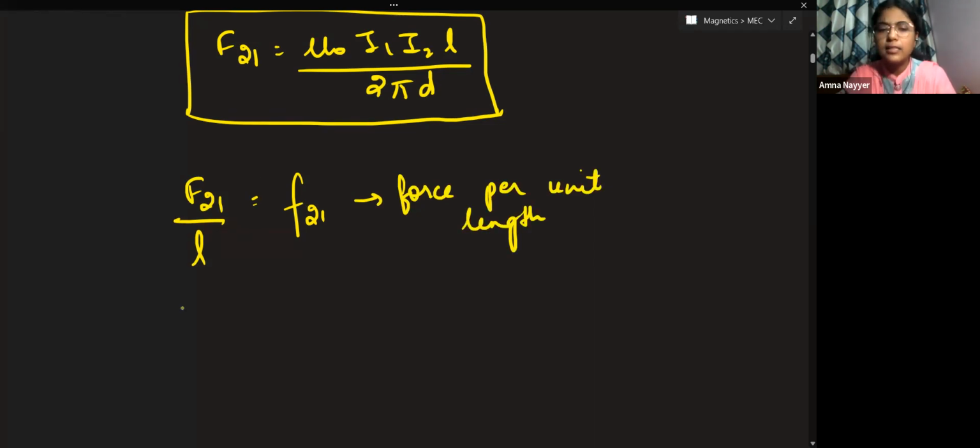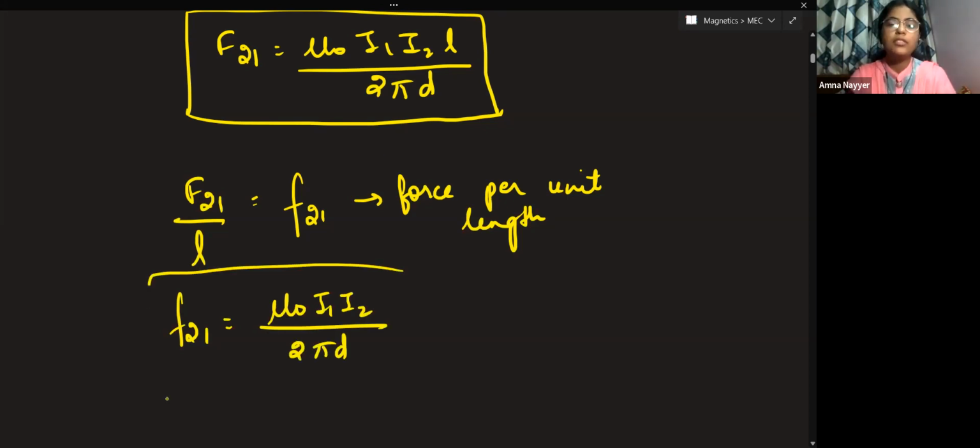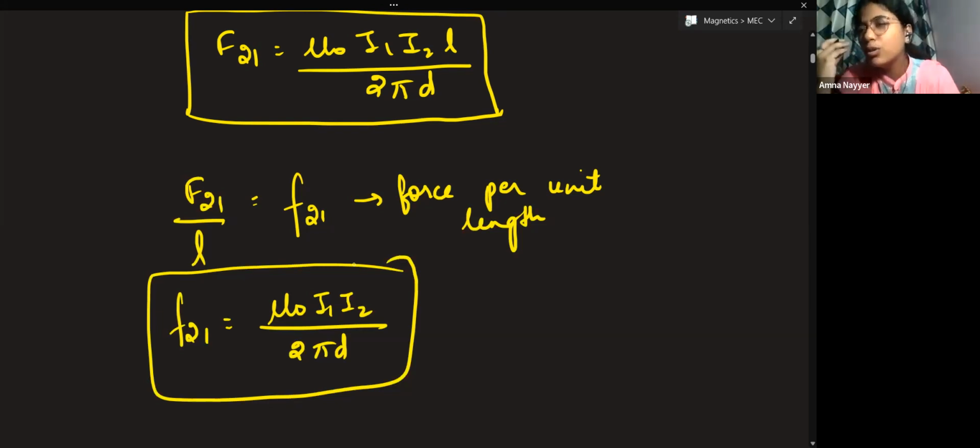So f21 will be mu naught I1 I2 divided by 2 pi d. We just eliminate this L from here. Why are we writing this? Because most of the time in questions, force per unit length is asked. It can happen that length will be given and force can be asked directly, but most of the time force per unit length is asked.